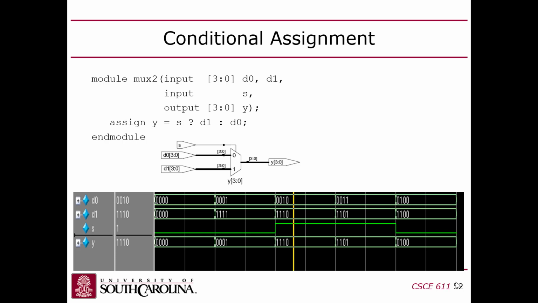And if S is false, it'll evaluate this ternary expression to D0 and assign that to Y, right? So this is a one-line multiplexer. You're going to have lots of these in your code because, like I said, this is how you steer data around at runtime in hardware.